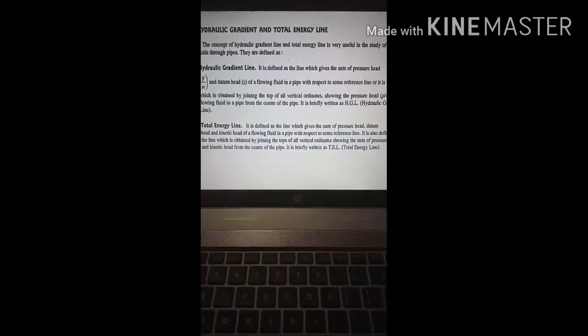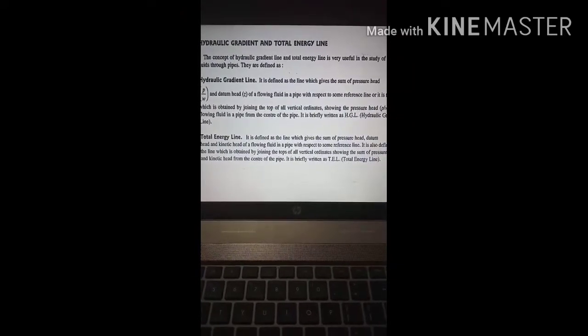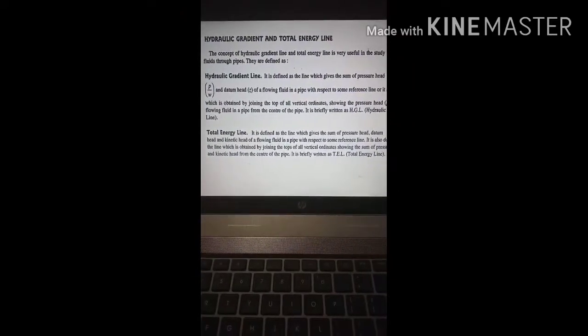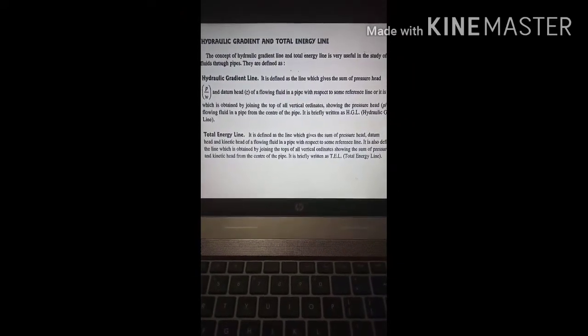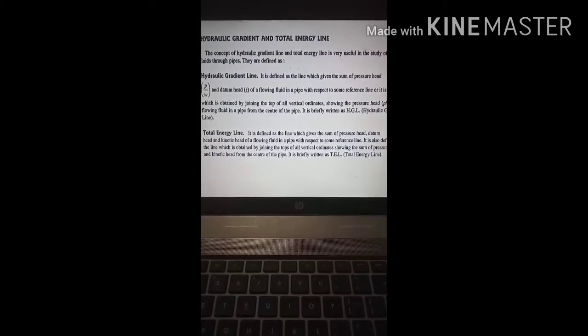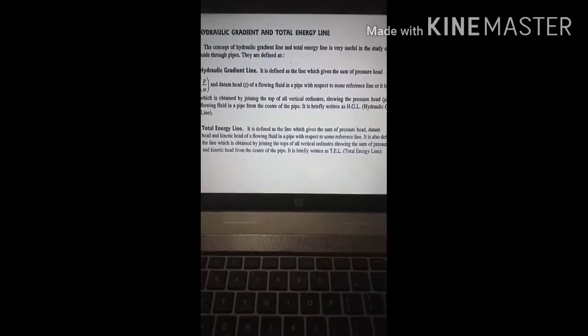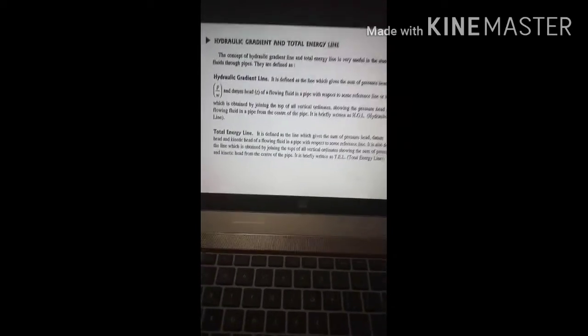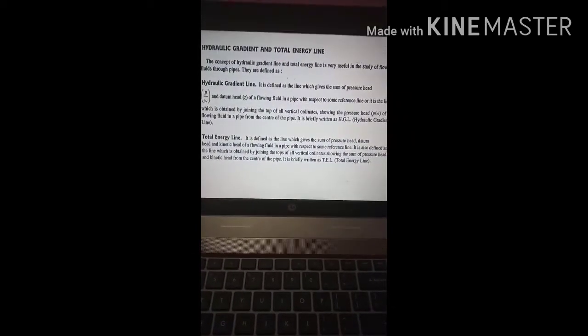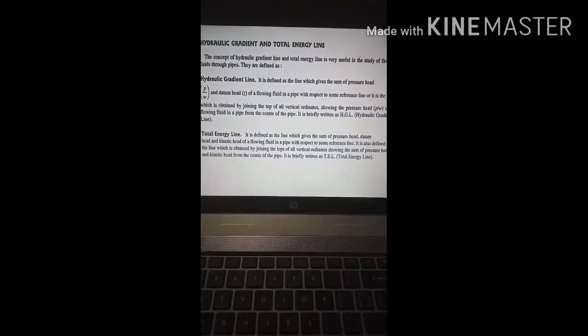The line joining the points of pressure energy plus datum energy is called the hydraulic gradient line. And the line joining pressure energy plus kinetic energy plus datum energy is called the total energy line.